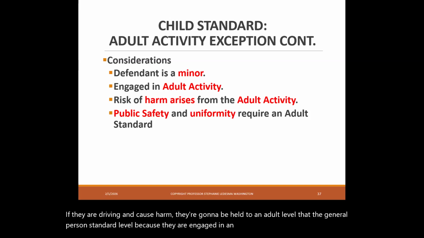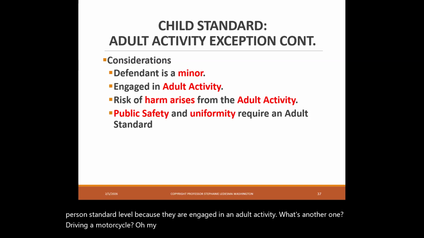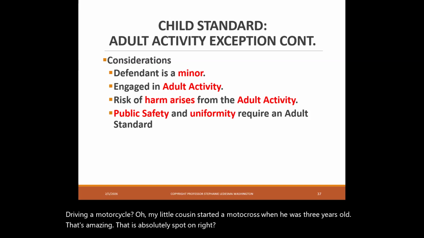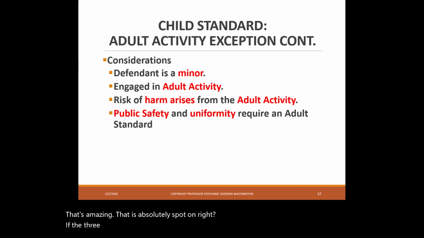What's another one? Driving a motorcycle. Well, my little cousin started motocross when he was 3 years old. That's amazing. That is absolutely spot on, right? If the 3-year-old is on a motocross bike and causes injury, the 3-year-old is going to be held to an adult standard of care.